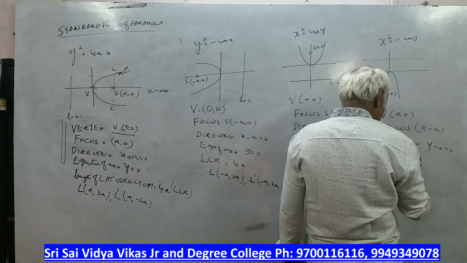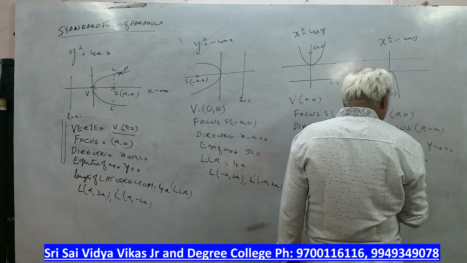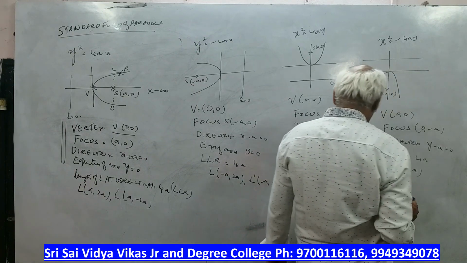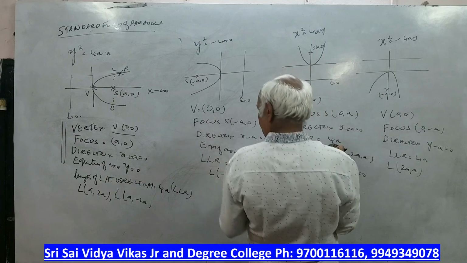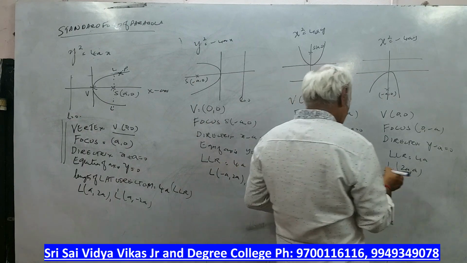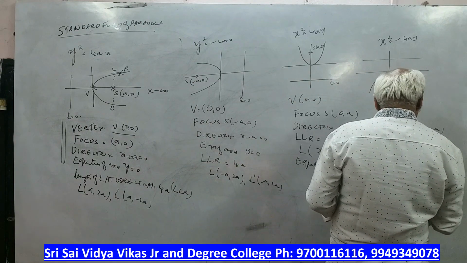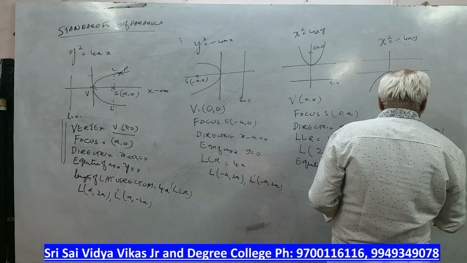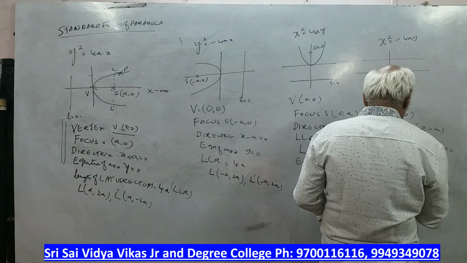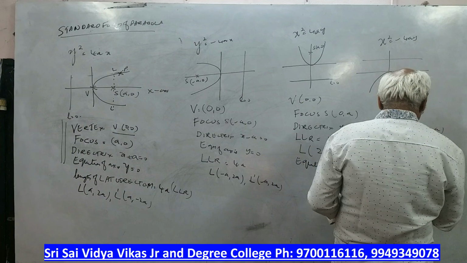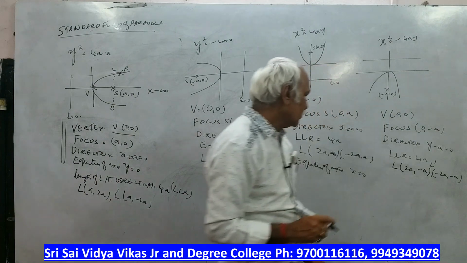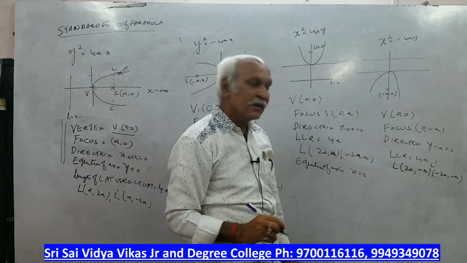Next, LLR, there is no change. L dash is (2a, minus a) and (minus 2a, minus a).